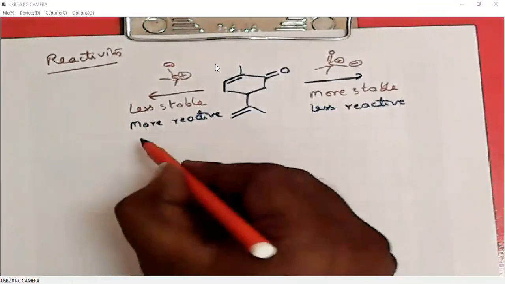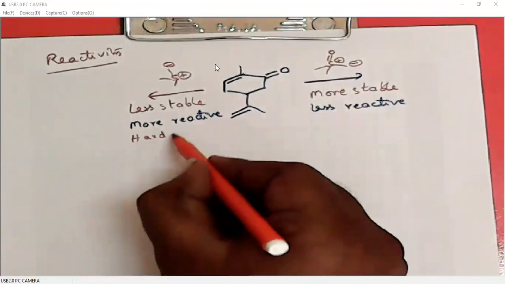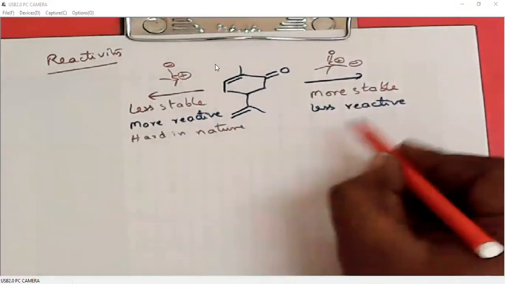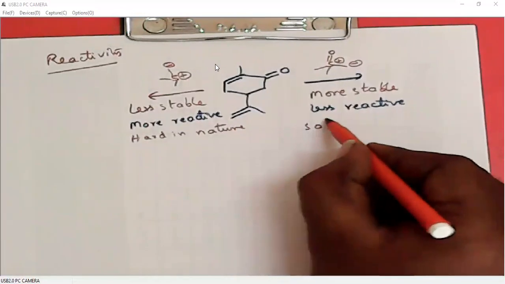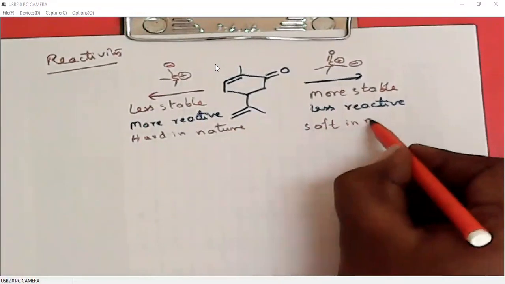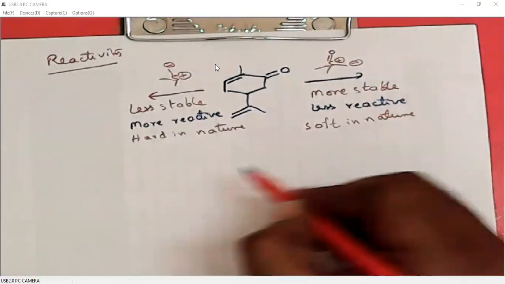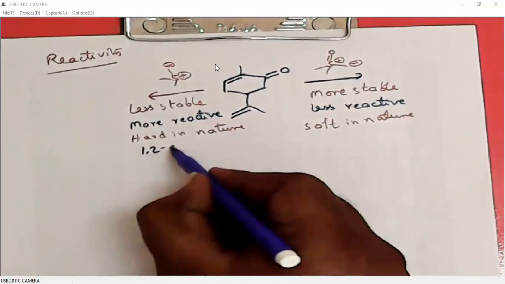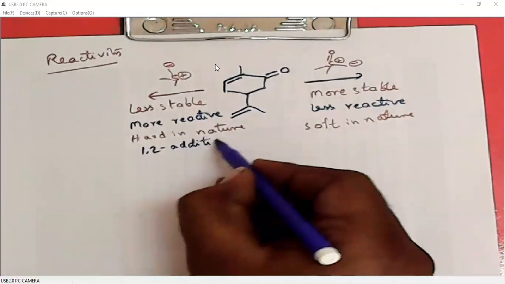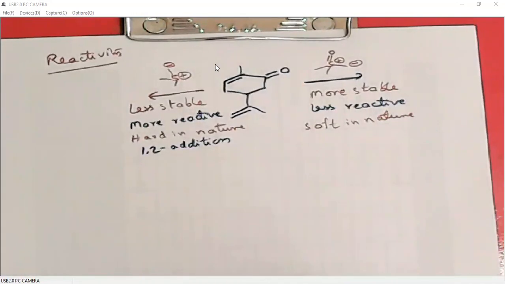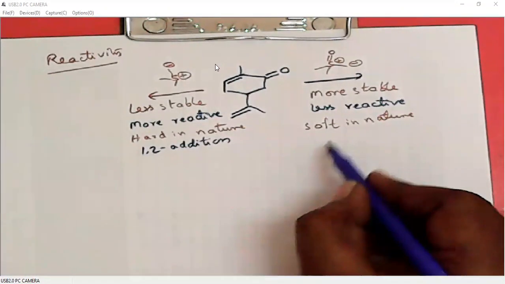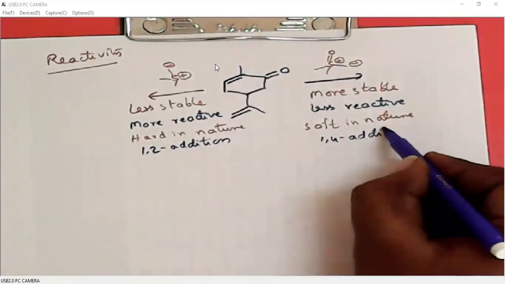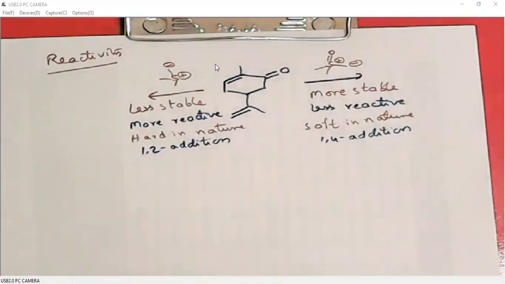In other words, the first reagent is hard in nature, and the second is soft. A hard nucleophile will undergo 1,2 addition when we have an alpha beta unsaturated compound. A soft nucleophile will undergo 1,4 addition to the alpha beta unsaturated carbon.